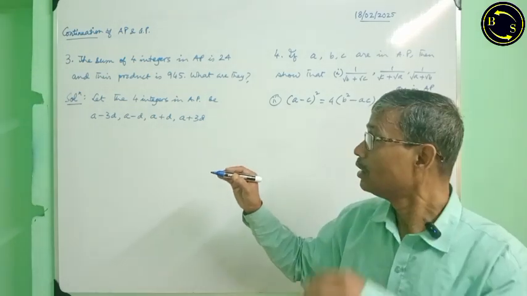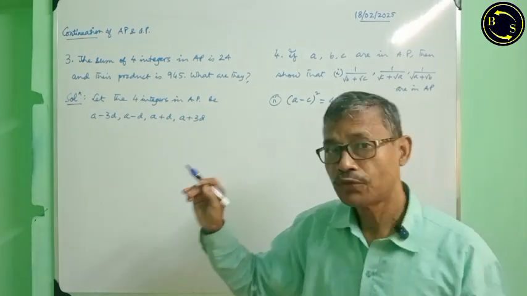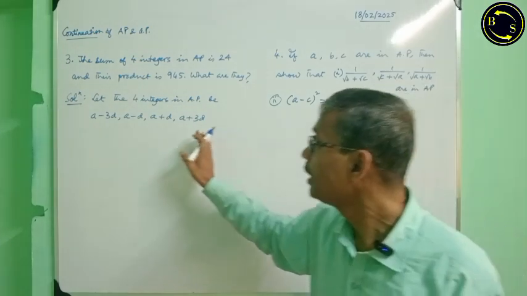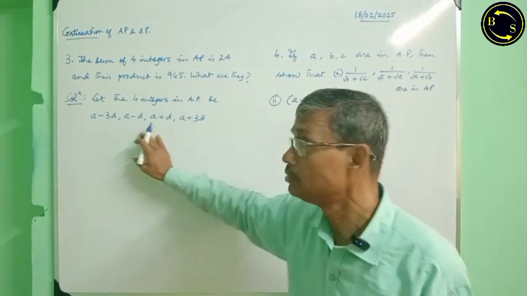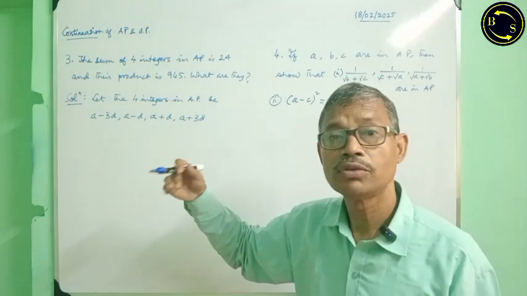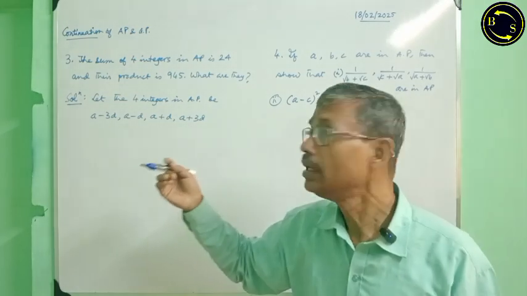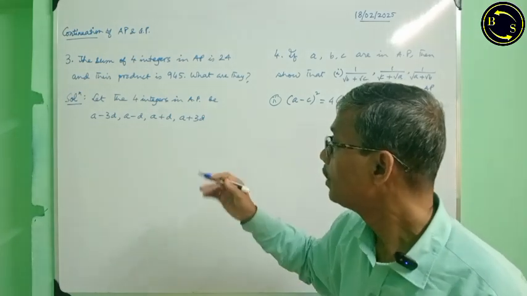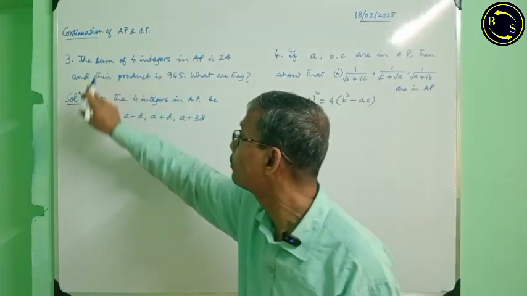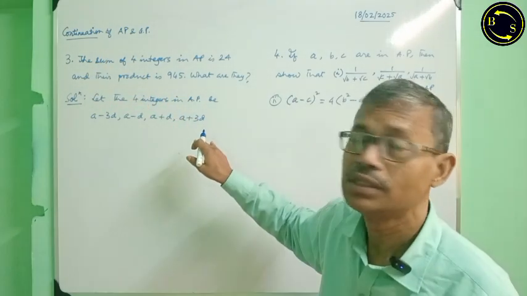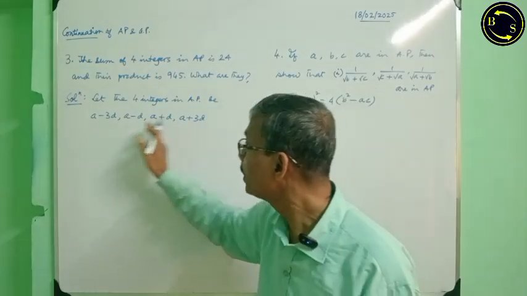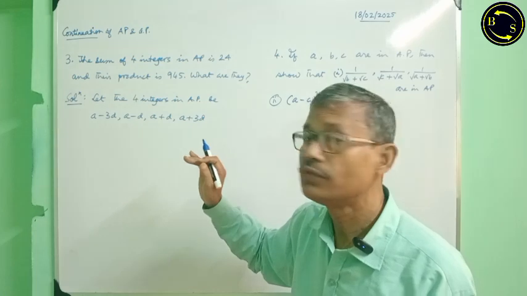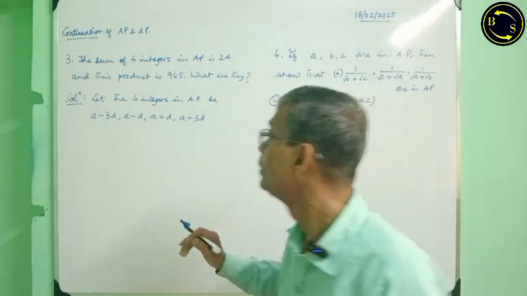While the numbers are 4, then we use the technique, this one. We can also follow that normal rule: A plus D, A plus 2D, A plus 3D. But sum is there, therefore we take the numbers like this. Now you follow, if we take the sum, then these will be cancelled. Then we shall get the value of A first.